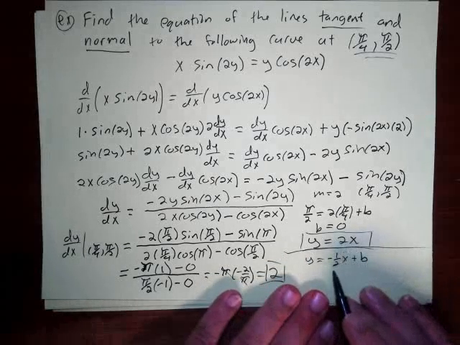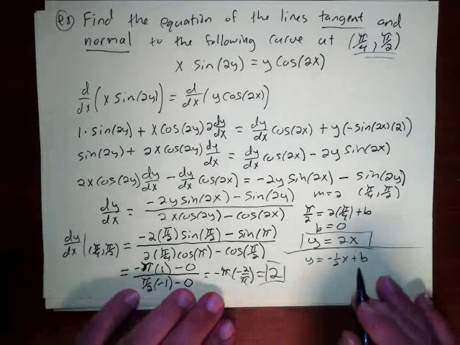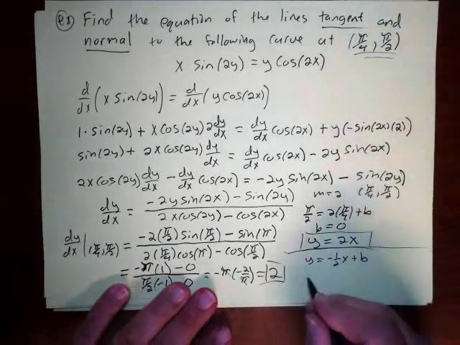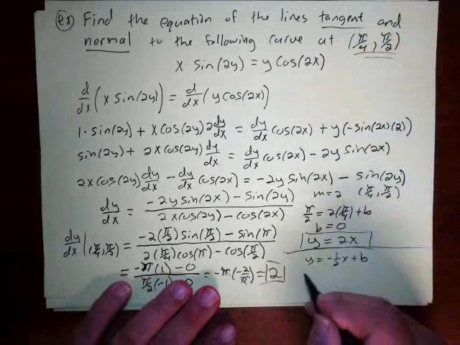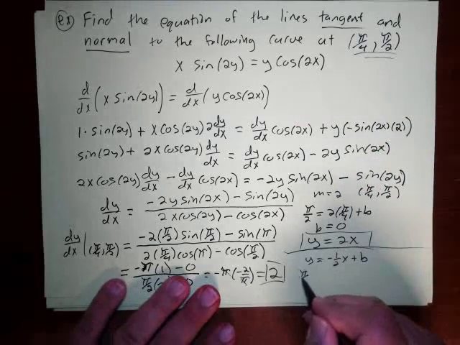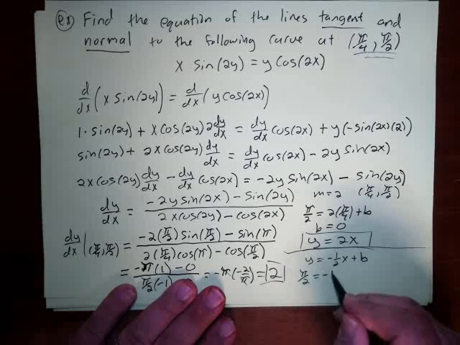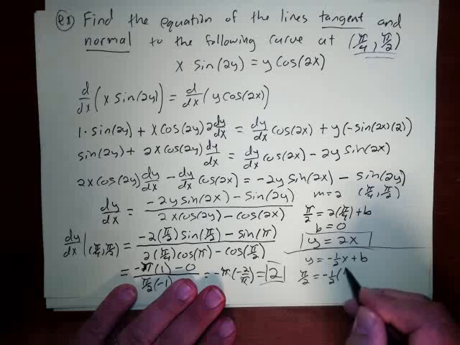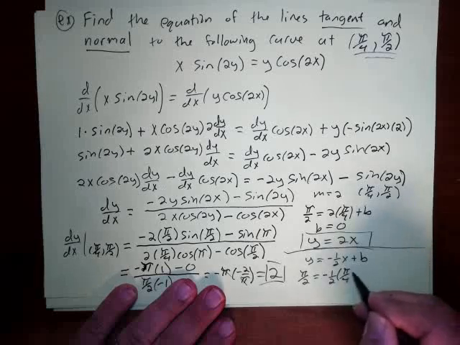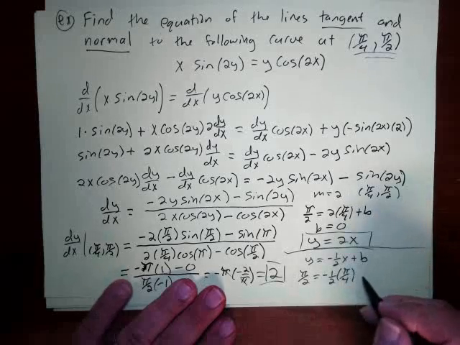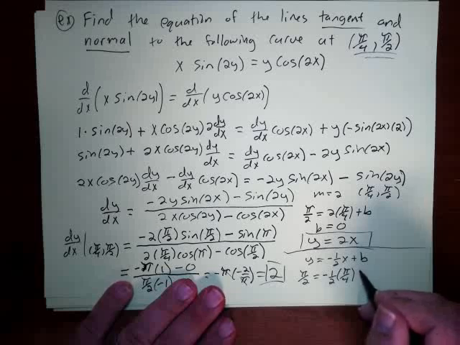It's the opposite reciprocal. Okay, so now I've got to plug in these ordered pairs here, and when I do that, I get pi over 2 is equal to the opposite of 1/2, and this is pi over 4, and then this will be plus b.